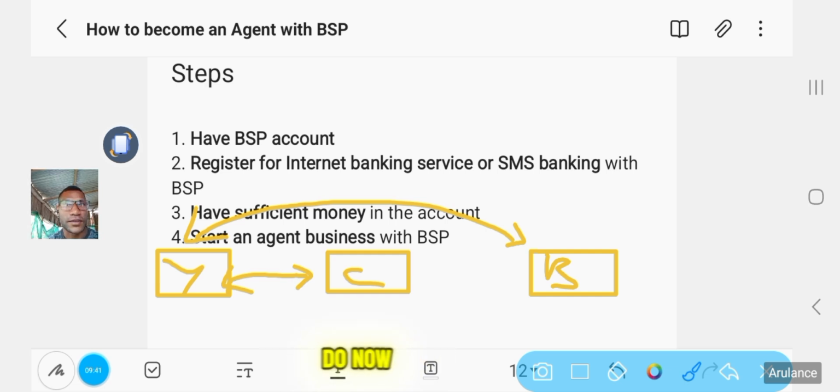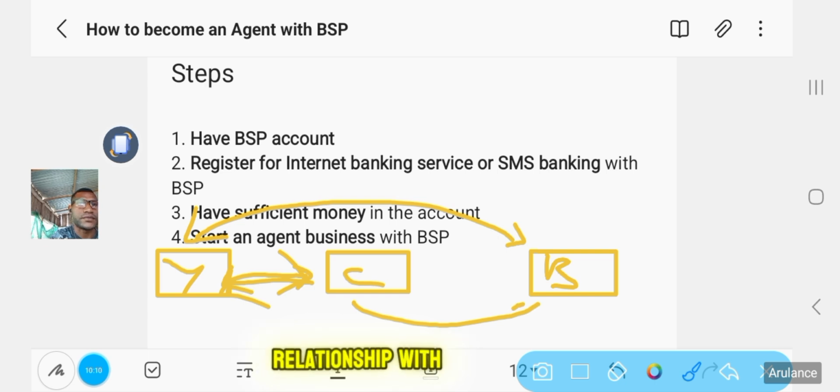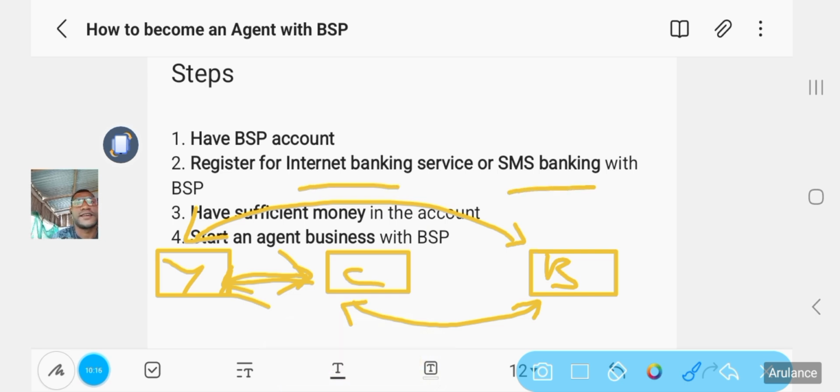So what you will have to do now is give them cash. All right, you will give the customer the cash. For example, if you give them 50 kina, then you will charge them 60 kina. So the client also has established a relationship with the bank through internet banking and SMS banking.